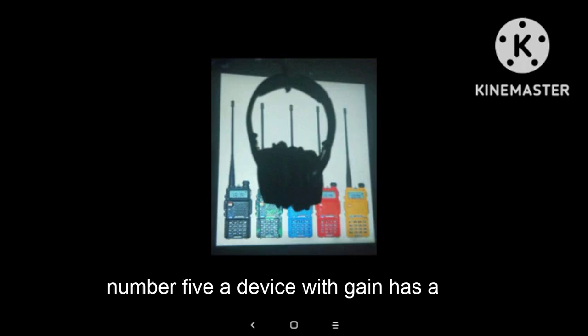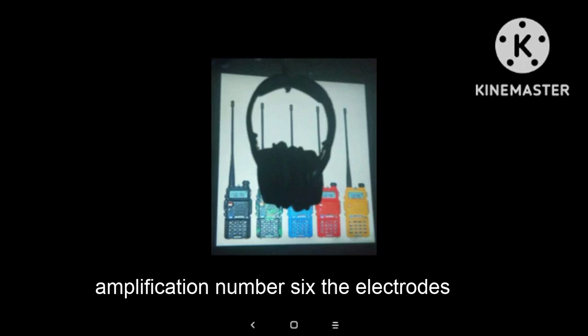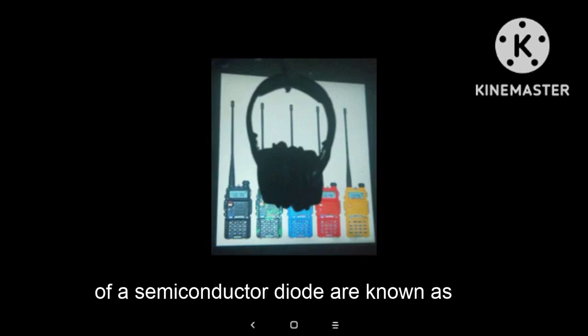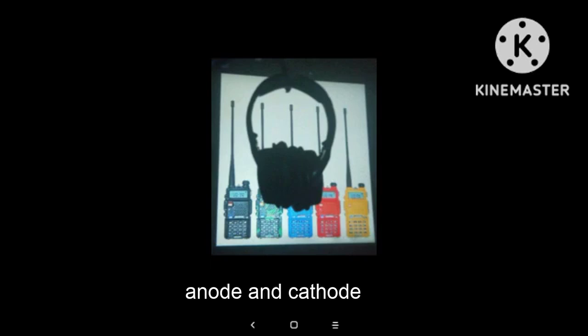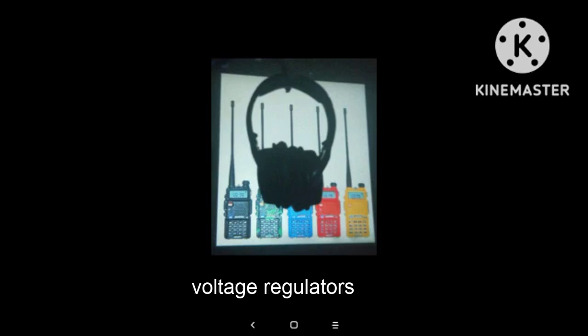A device with gain has the property of amplification. Number 6. The electrodes of a semiconductor diode are known as anode and cathode. Number 7. Amplifiers can amplify voltage, current, or power. Number 8. Zener diodes are used as voltage regulators.